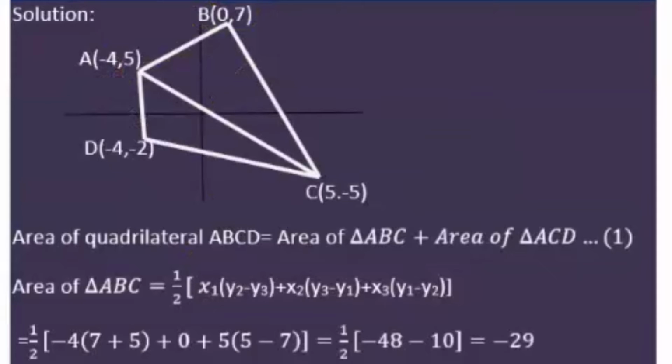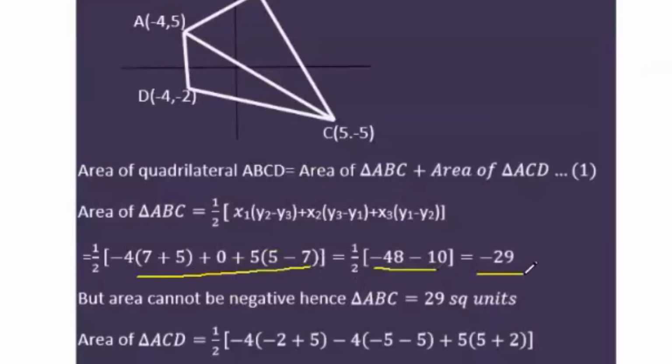Now the third point's x coordinate is x3, so we substitute 5, and y1 - y2 is 5 - 7. By substituting the values we get 7 + 5 is 12. 12 into -4 is -48. Minus 10, that is -58. -58 by 2 is -29.